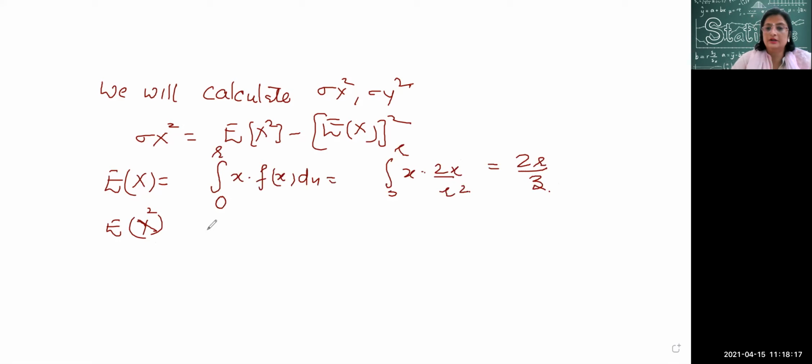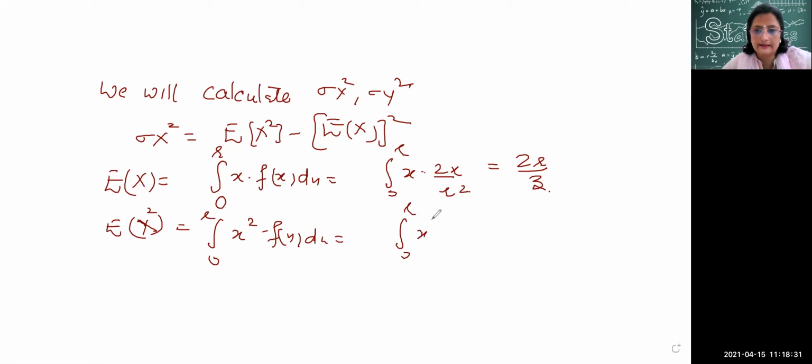Okay? Integrate, x square, x cube by 3. Now what is expectation of x square? This is 0 to r again, x square into f of x dx, which is 0 to r x square into 2x upon r square. I'm just writing the final answer. This comes out to be r square by 2.